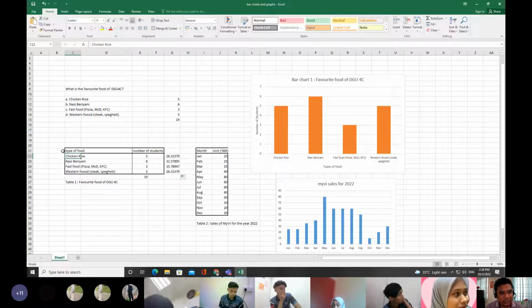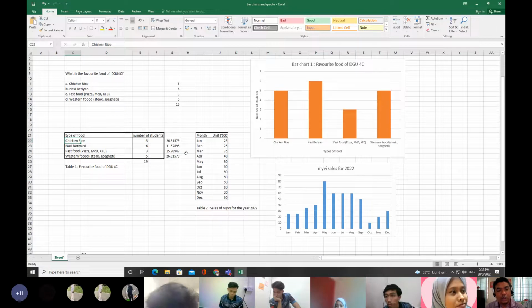Sorry, my data here is a bit crazy, I don't know why with this formatting. So you should use percentage rather than numbers.